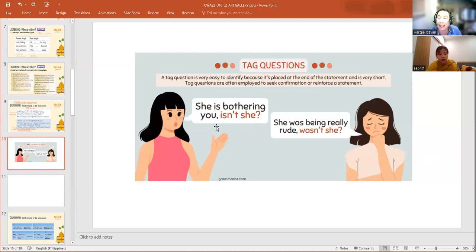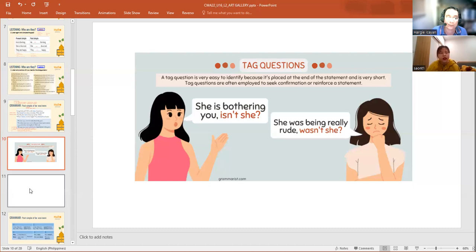So they're communicating. She will answer, "She was being really rude, wasn't she?" So they are throwing questions together, not just the usual asking questions like "does she," "do you," right, Sao?